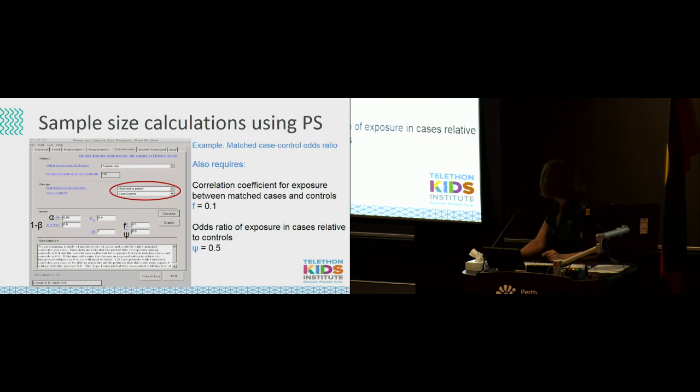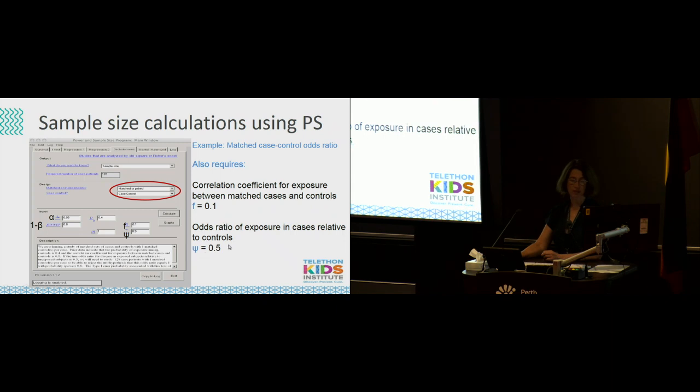There it is. And then the clinically significant effect that we're looking for this time is an odds ratio. And it's a ratio of exposure in the cases relative to controls. And we've put in what is a multiplicative factor of 0.5.